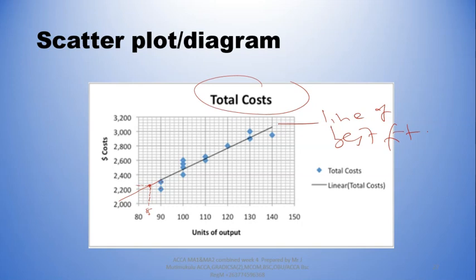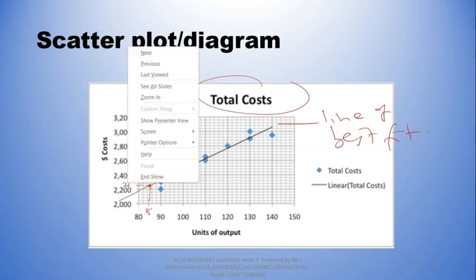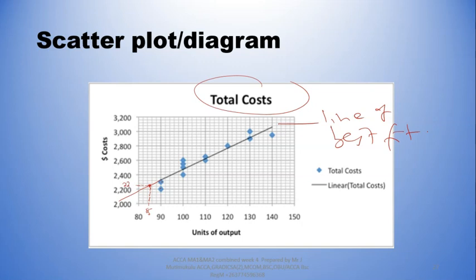And this is roughly about 2,200, so 2,290. Okay, somewhere there, roughly, or 2.3, somewhere there. That's how you can use this line of best fit estimation.